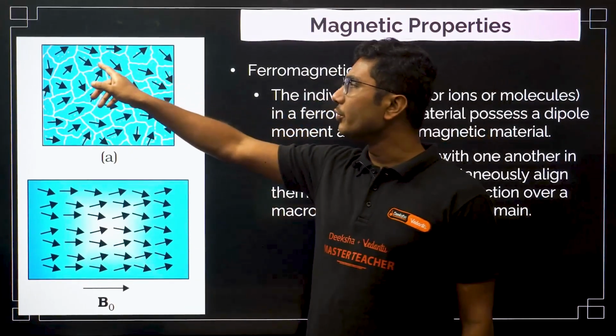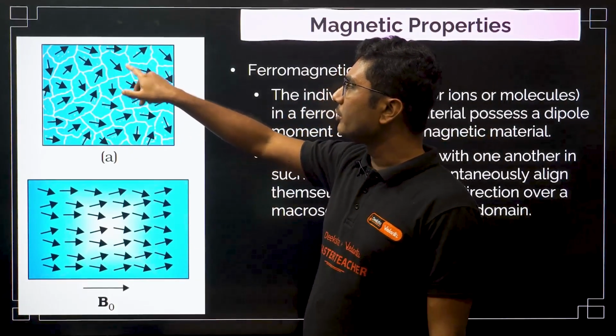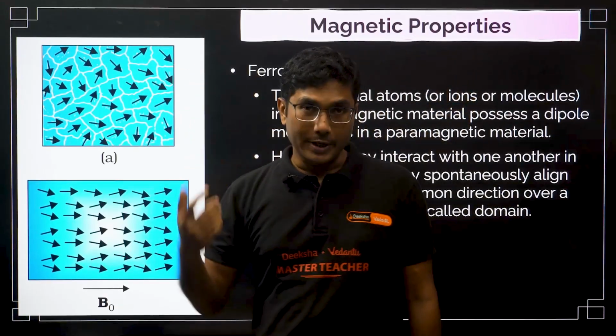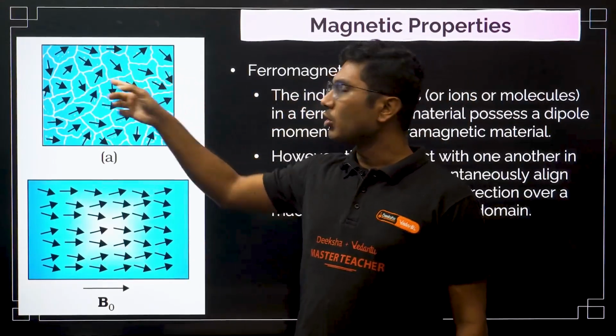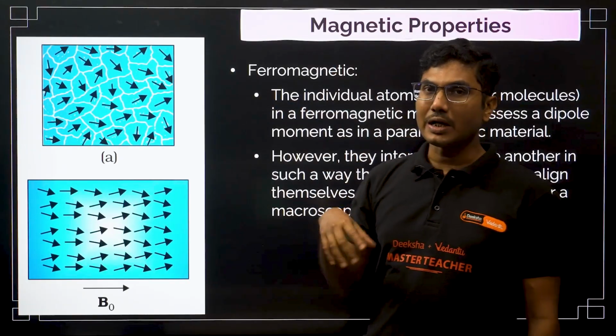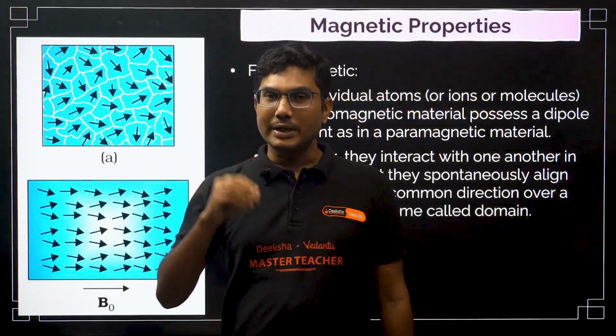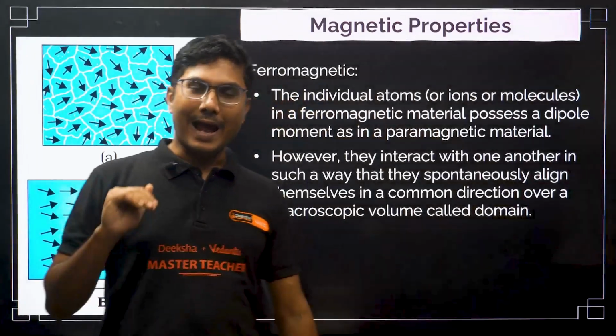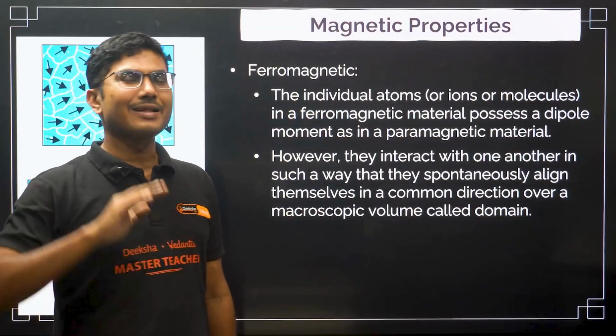These small zones where all the molecules have a particular direction of magnetic moment are called a domain. Domain means a small zone where all the molecules are oriented in a particular direction. Now the difference between a paramagnet and a ferromagnet is the temperature.